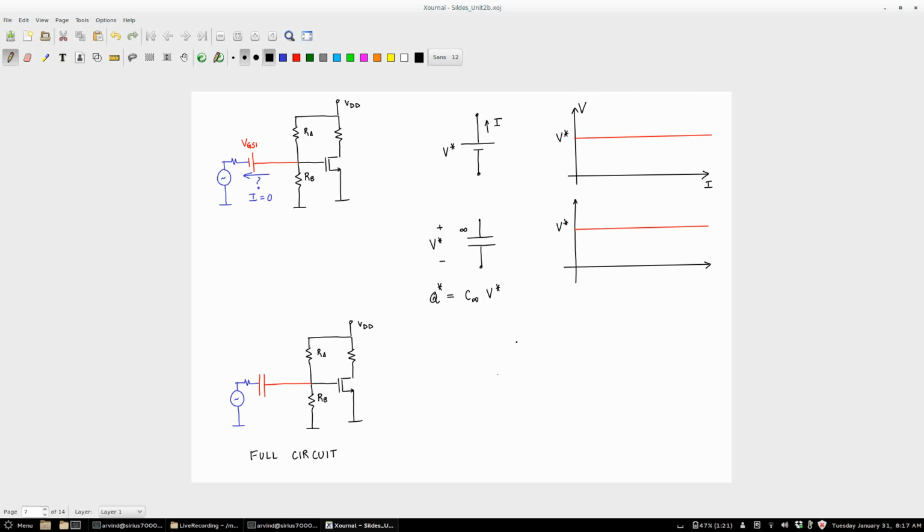Okay, so now this becomes your full circuit. You don't need to think about how this works. How's the incremental circuit going to look?